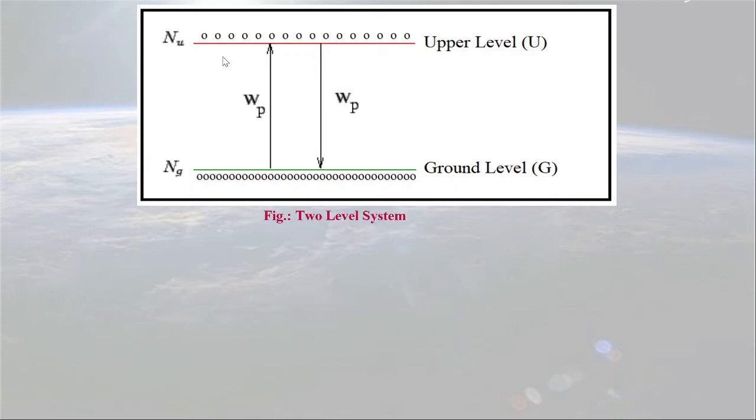Here, there is also a two-level system shown. Nu is the number of atoms in the upper state or upper level, and Ng is the number of atoms or molecules in the ground level.